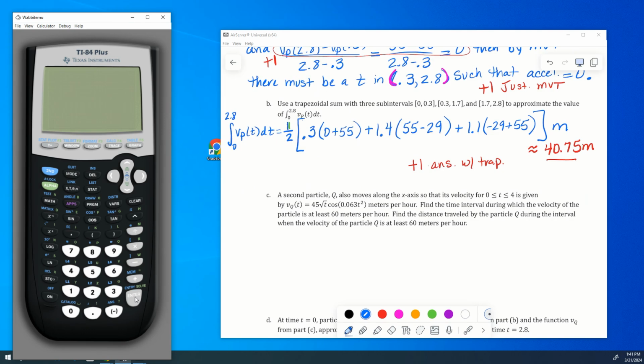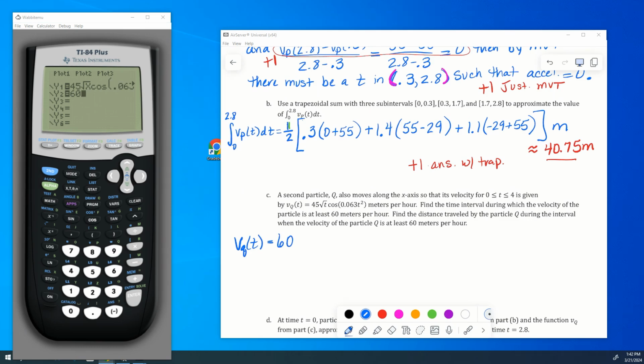In other words, I've got to find where VQ of T is equal to 60. And I'll go ahead because I don't want you to not know how to do this. So I will go ahead and get this on the calculator.